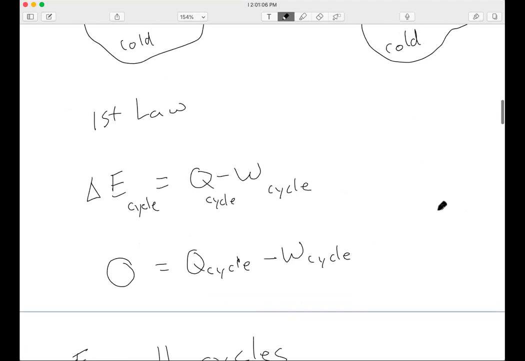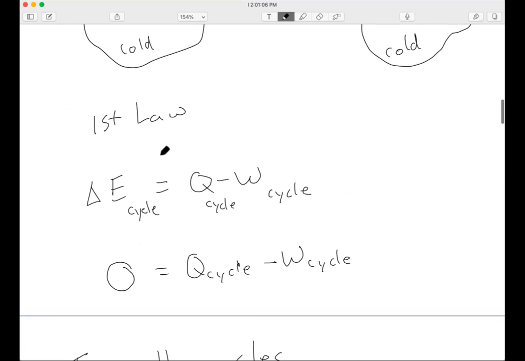To say more, let's review the first law. The first law says the change in the energy in the system for the cycle would have to be Q minus W, as always. However, because it's a cycle, the energy starts and finishes at the same place. So the change in it must be zero.